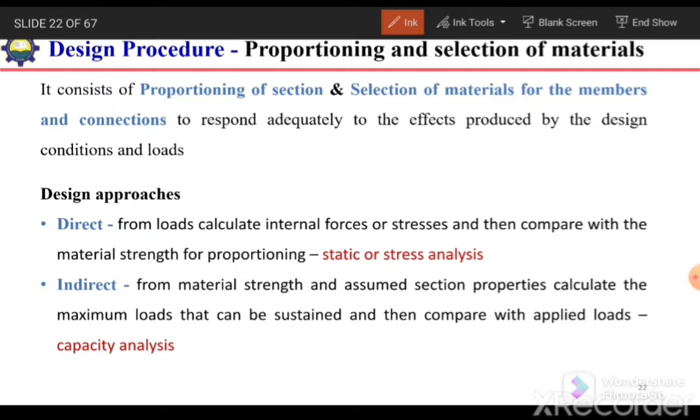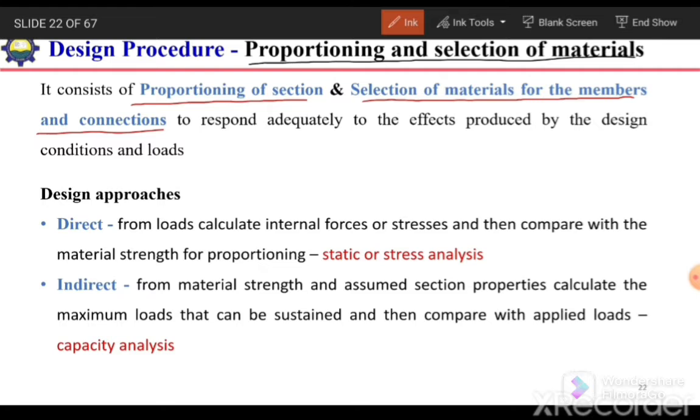The next is proportioning and selection of materials. It consists of proportioning of section and selection of material for the members and connections. Sometimes we decide the material at the initial stage during the design conditions, that what will be the material for the structure and how much will be its strength. For example, we have decided that it will be a steel structure with the yield strength 420 megapascal.